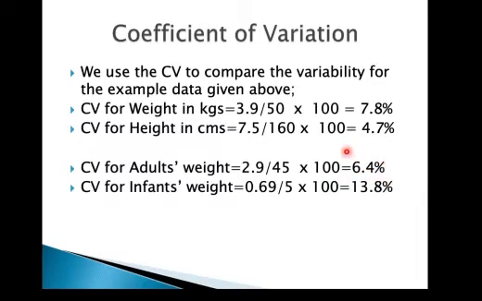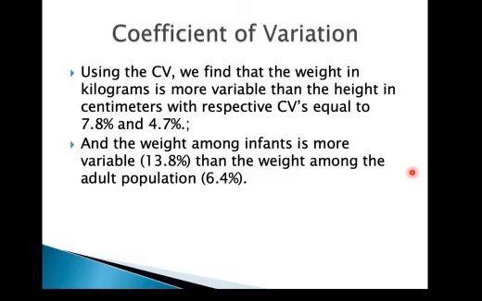A while ago, we thought adults' weight has more variability because it has a higher standard deviation, 2.9, than the infants' weight, 0.69. But really, infants' weight has higher variability from the coefficient of variation. And so, using the coefficient of variation, we find weight to be more variable than height in centimeters, and weight among infants more variable than weight among adults.